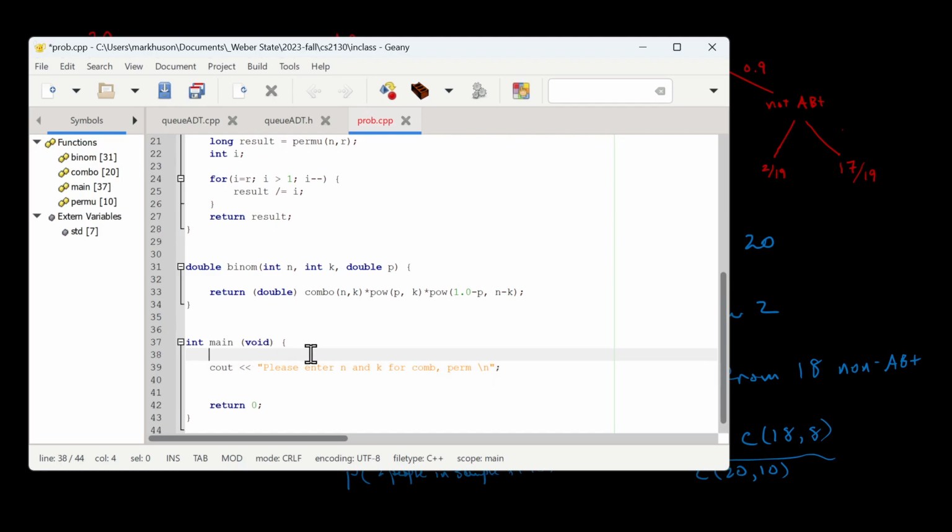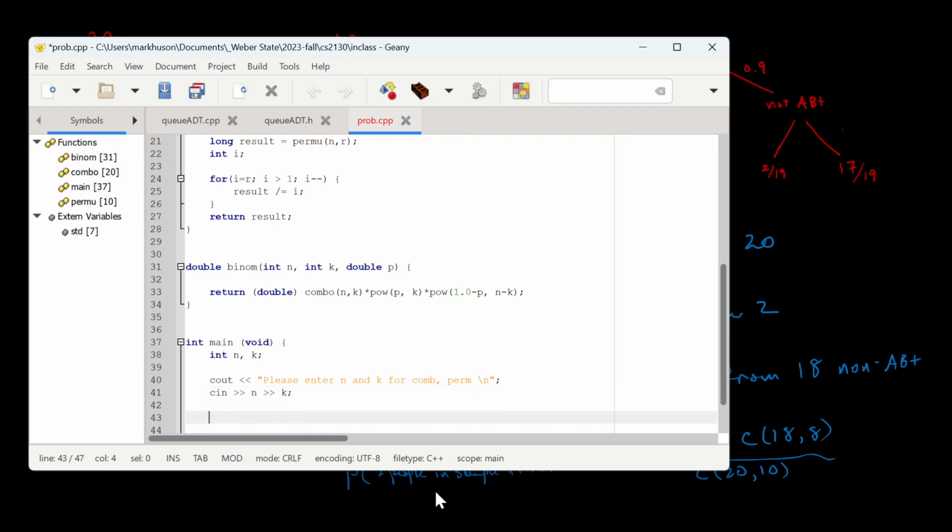As you can see with my solution, I didn't have any variables before I got rid of all of them. So we'll have N and K, and now I'll read them in.